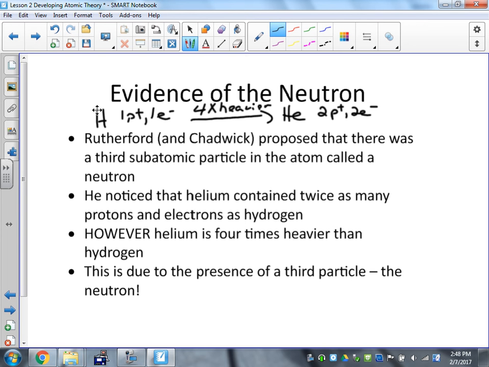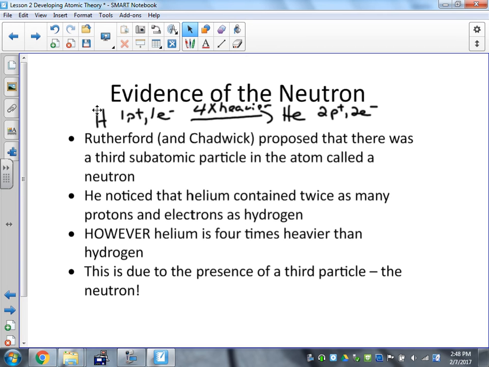Do you guys remember? You guys know? Well, it's got an atomic number of 1, and it weighs basically 1.01, but 1. So how many neutrons is there? The answer is 0. Okay.